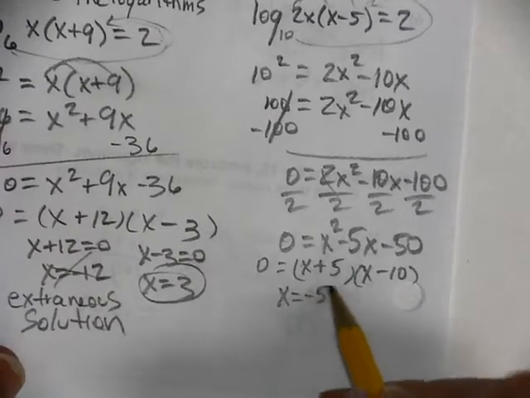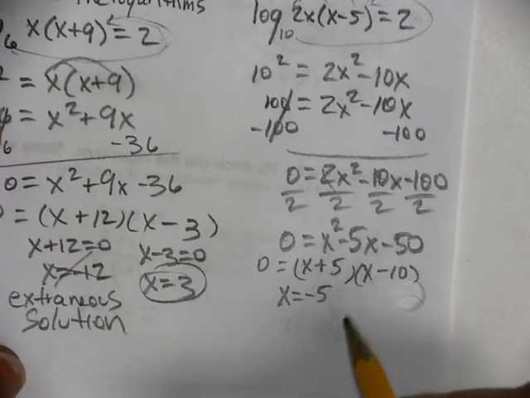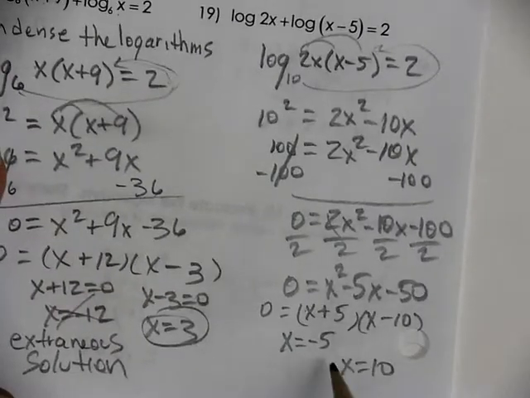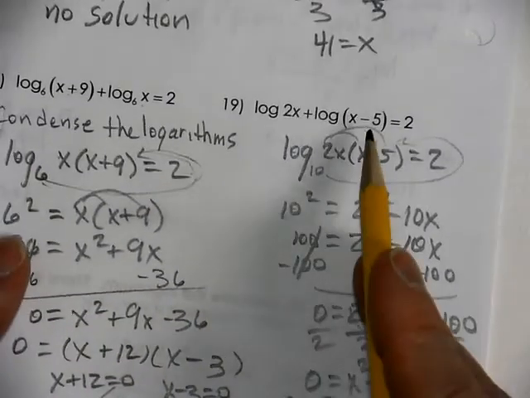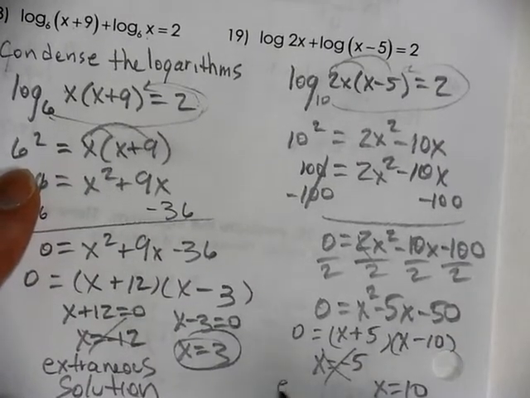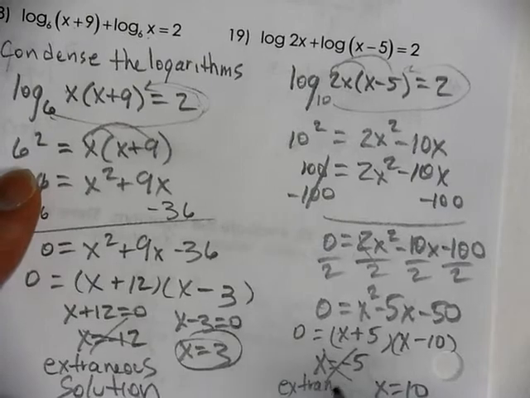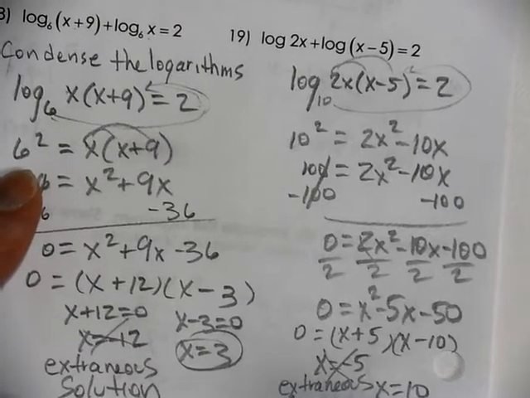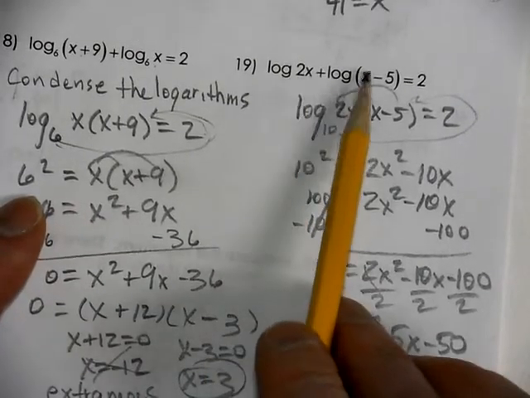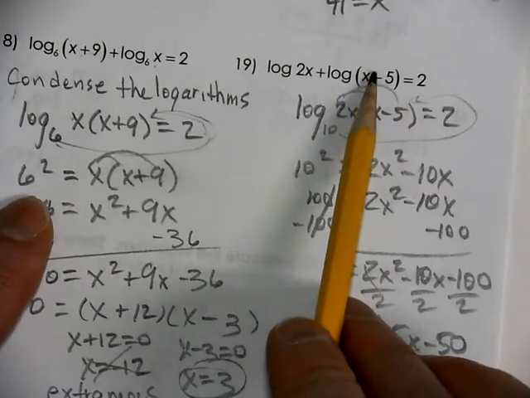So our zero product property would give us negative 5 and 10. And if we plug a negative 5 in, we would still get negative values. So that is an extraneous solution. But the 10 does not give us a 0 or a negative, so we're just fine.